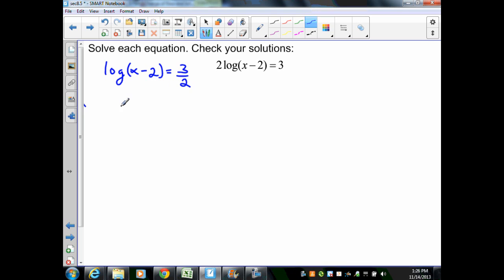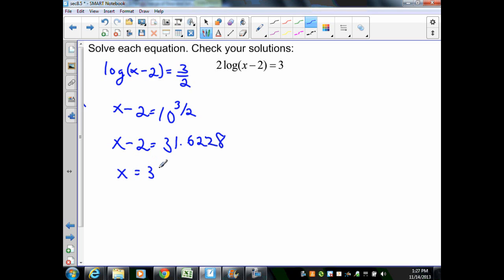Now I want to write this in exponential form. That gives me x minus 2 equals 10 to the 3/2 power. And I'll simplify the right-hand side, and using my calculator, I get 10 to the 3/2 to be 31.6228. Now I'm going to add 2 on both sides, and x will equal 33.6228.